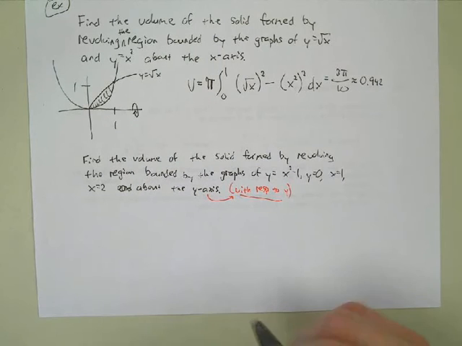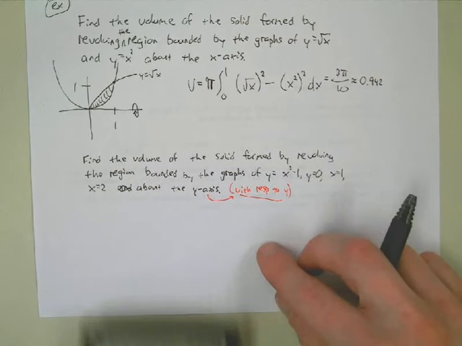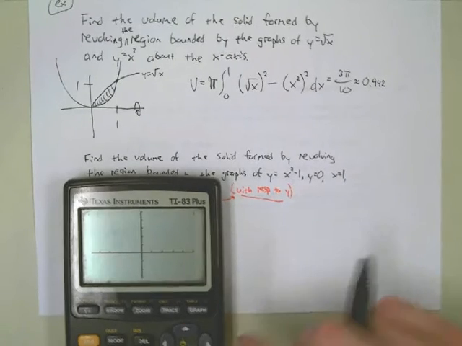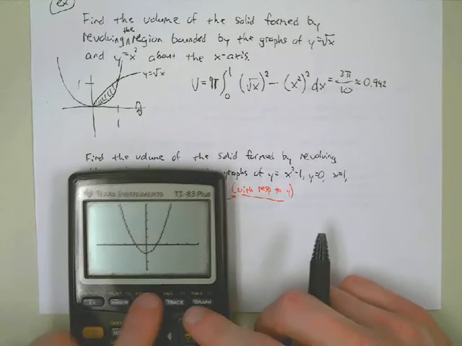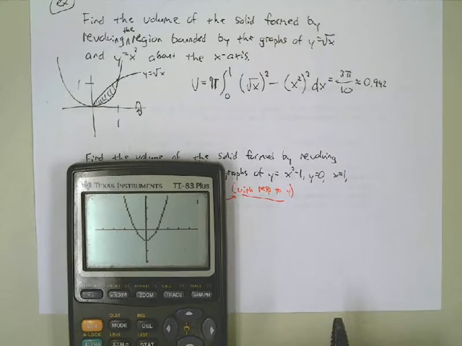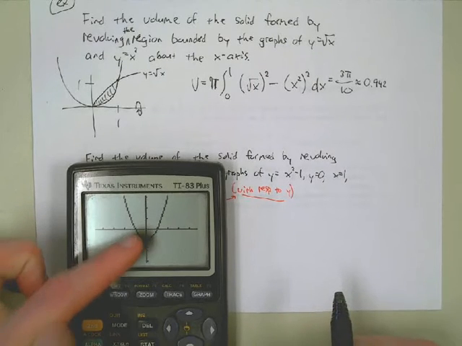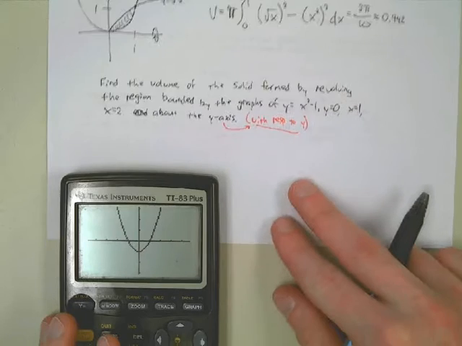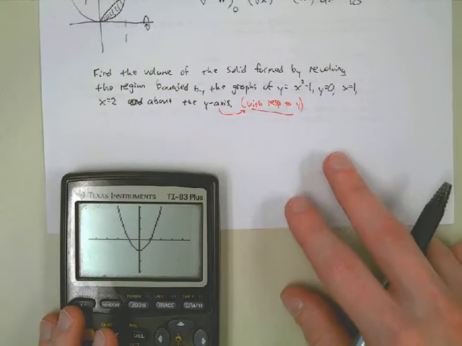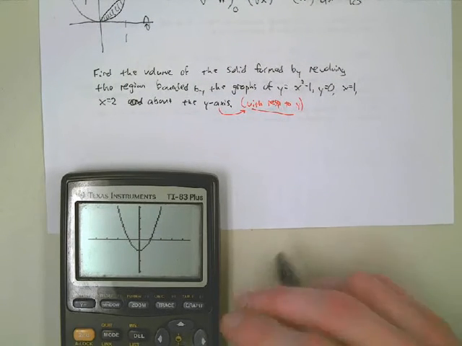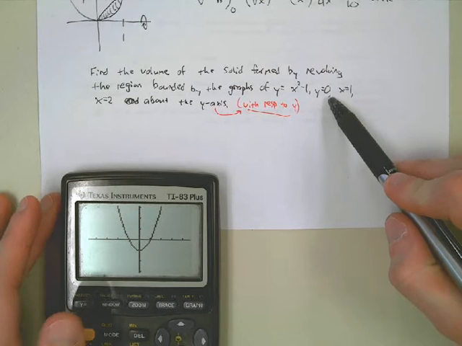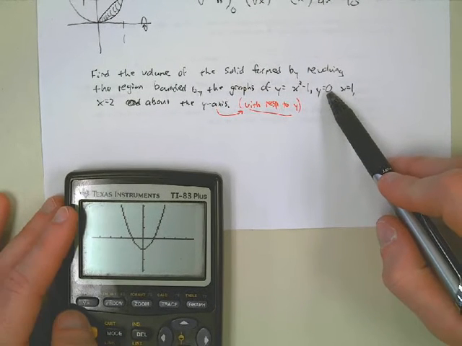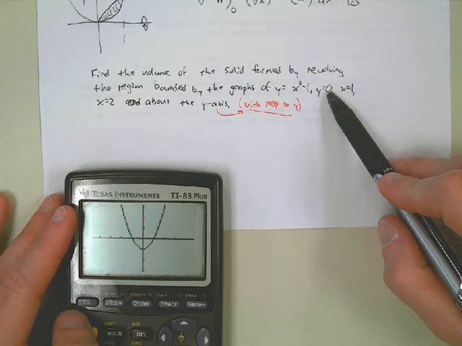X squared minus 1. We shouldn't be surprised by that one. It's just the x squared shifted down 1. So we have to identify some other things though. Y equals 0 is also known as the what axis? X-axis. Okay. X equals 1 is also a boundary.